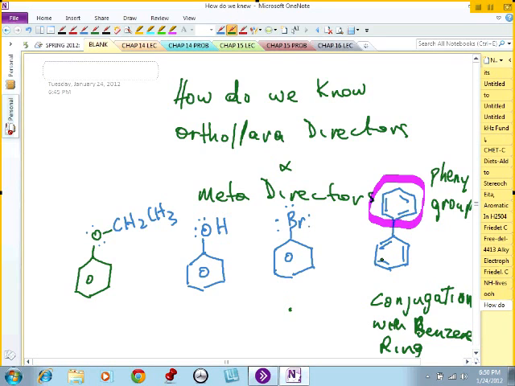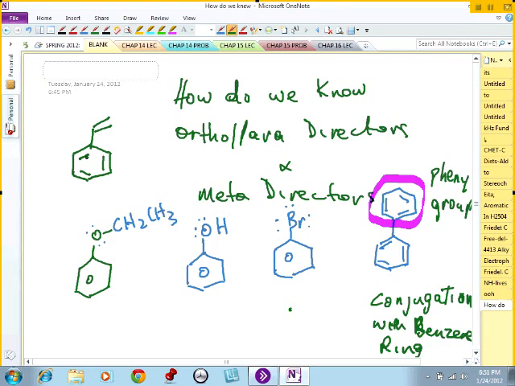So this double bond is conjugated with the double bond here. What that tells us is that if I give you this, what kind of director would this group be? It will be an activator and also an ortho-para director, because this double bond is conjugated with the ring system.